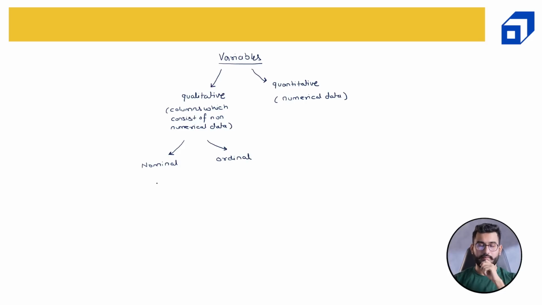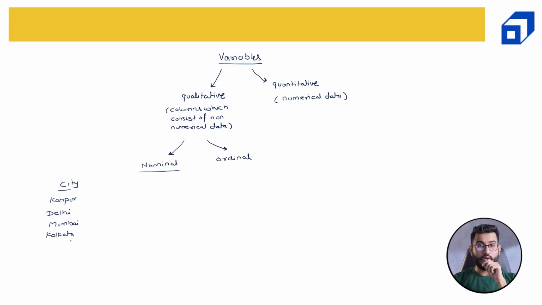Now what is nominal? Nominal columns consist of categories that do not come with any kind of order among the categories. For example, city. Let's say there is a column city and the column has categories Kanpur, Delhi, Mumbai and Kolkata.